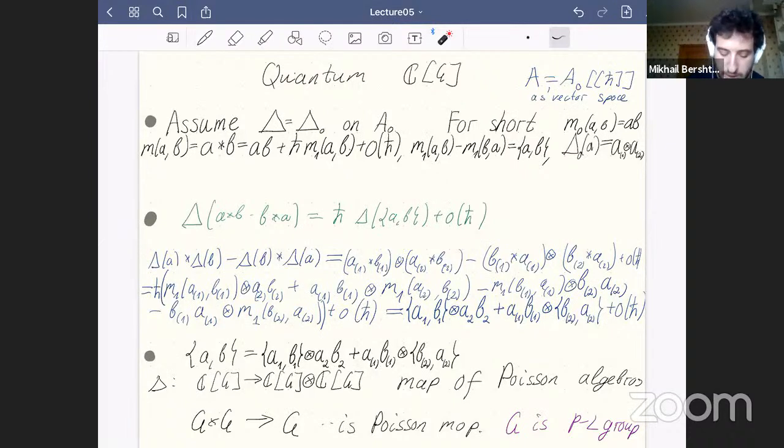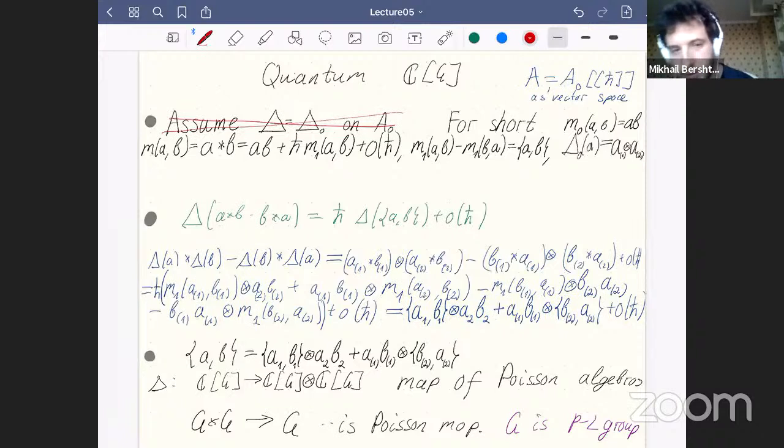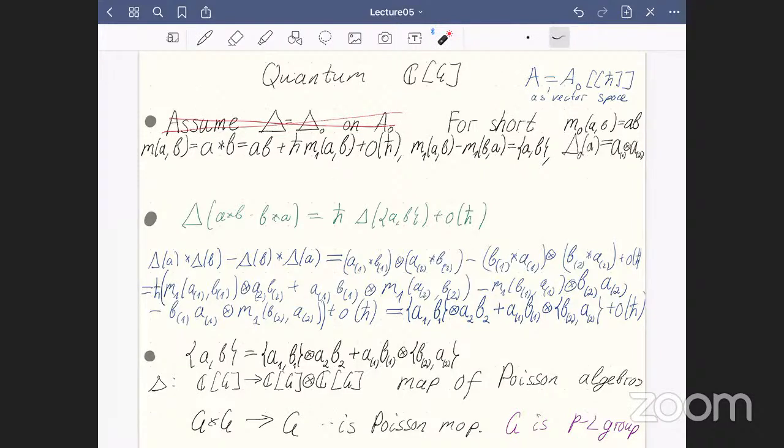Okay, so it looks like I do not need this assumption. So I will think more, but let me just delete it. It will be better because I will have more space on the slide. Now, Nikita, do you agree with this equality? So it becomes not trivial. Yes, I agree. Okay, so let's do the computation further.